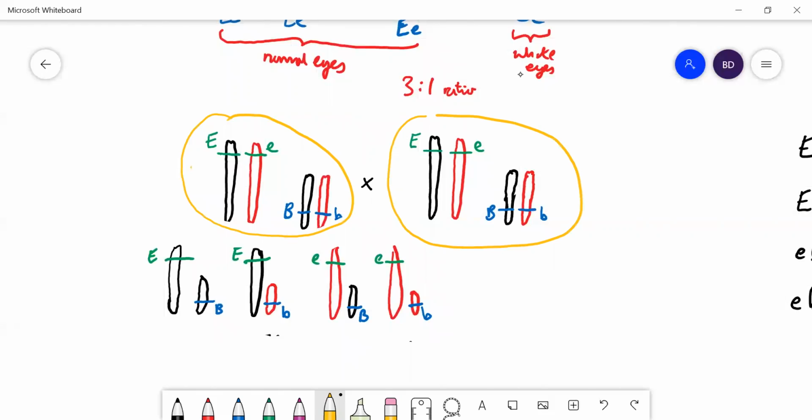I've got the eye color one, which I've done in green, and we've got another recessive trait, which I've done in blue. And that sits on a different chromosome, and that's really important. So it's on a different chromosome to the gene carrying the eye color. B stands for normal body color, which is kind of a pale brown for Drosophila.